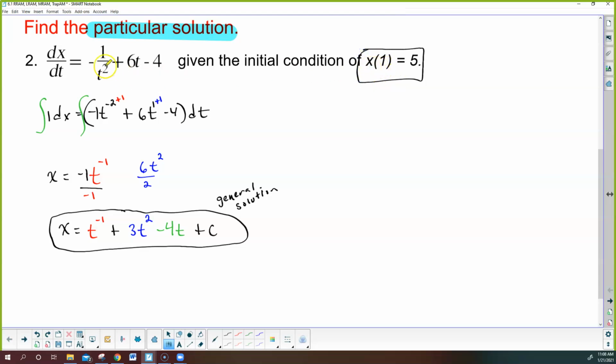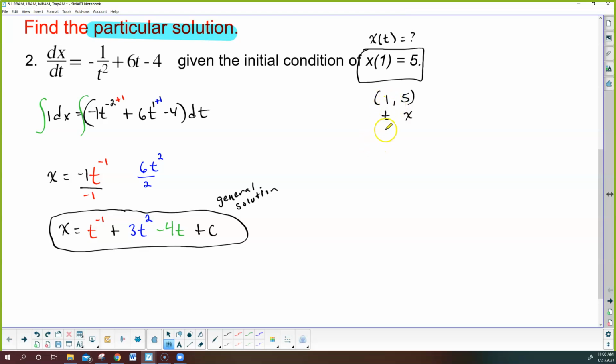Now, we have to be careful. This is written as dx dt, which another way to write this is the point (1, 5). I purposely did this so maybe it tricked you. T is the independent variable, so t is the first part, and then x is the output.